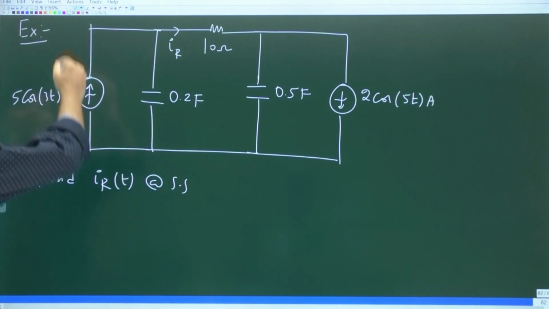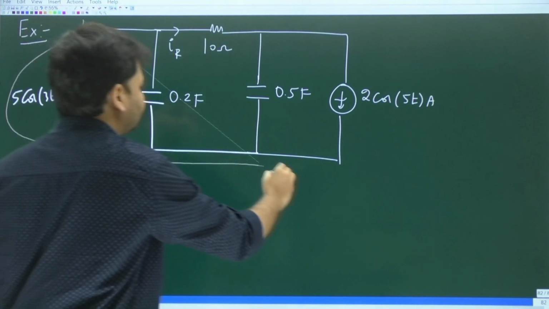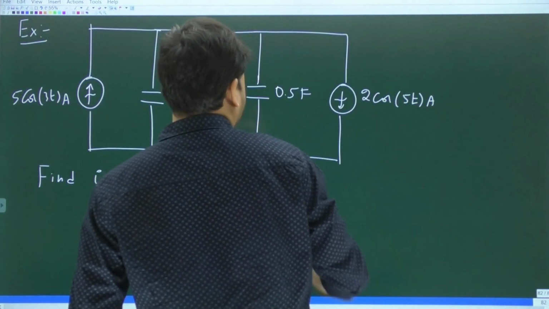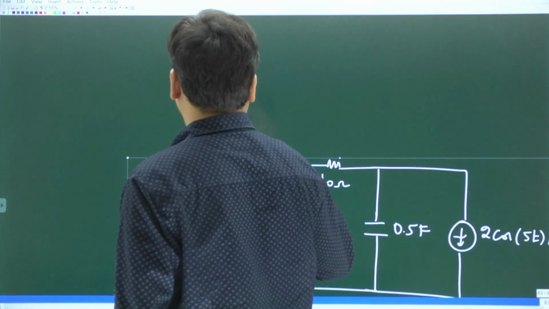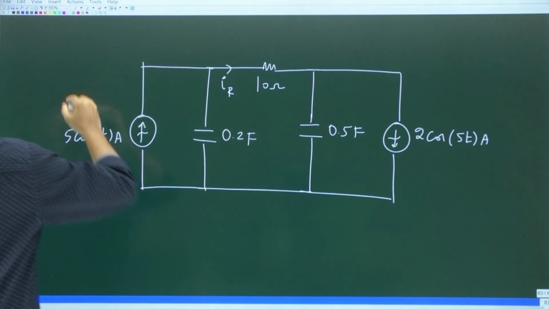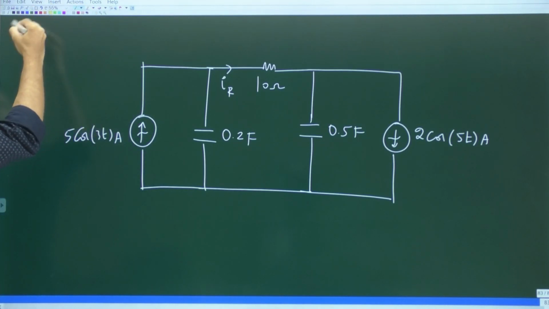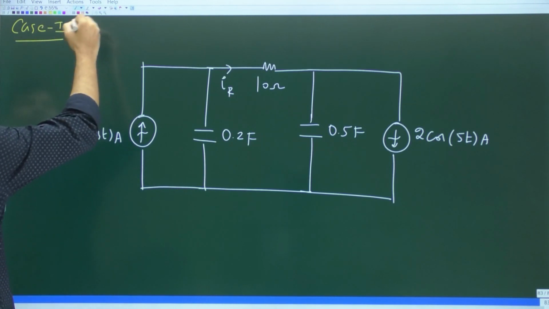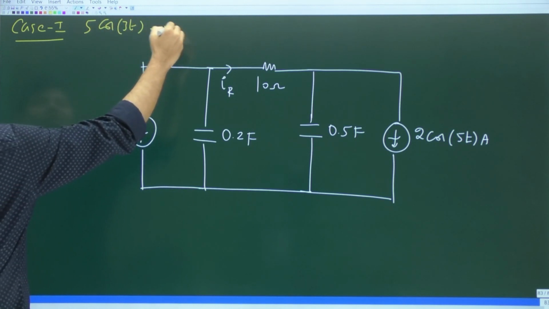Okay, look at this. I hope you have copied this down. Case 1, let's say 5 cos 3t is active.